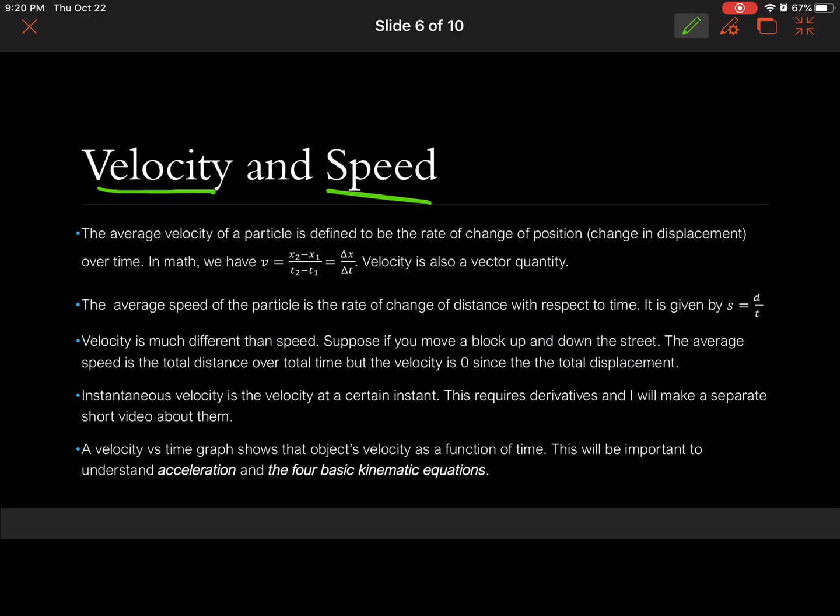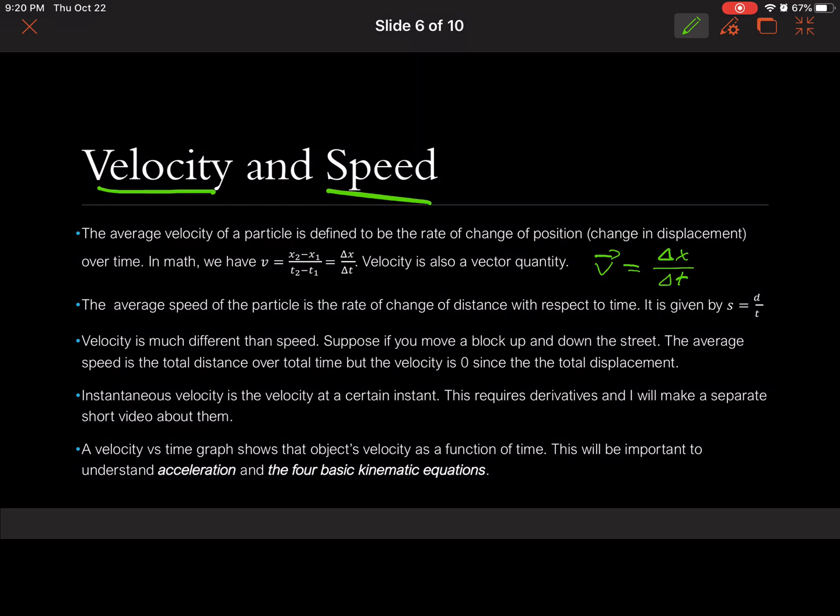So the average velocity, the overall velocity, of a particle is defined to be the rate of change of position, basically change in displacement over time. Basically, the velocity of an object is its change in position over the change in time.